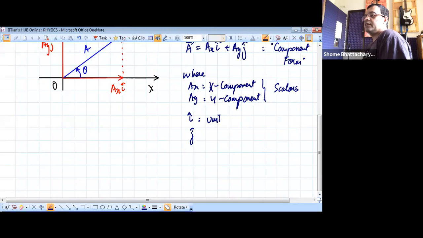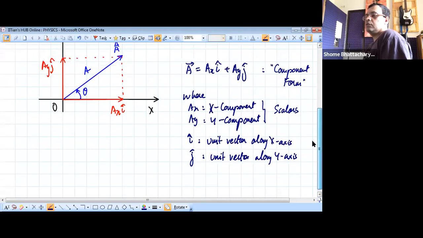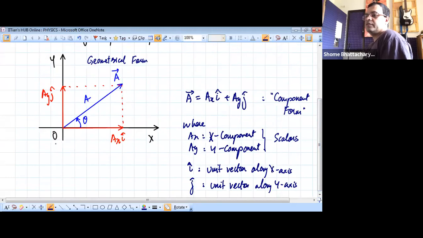This is the unit vector, that means the vector of magnitude unity or 1 along x-axis. And likewise j cap is the unit vector along y-axis. Okay, so this was the relationship between the two. A vector which is drawn like this will be written in component form in this way.